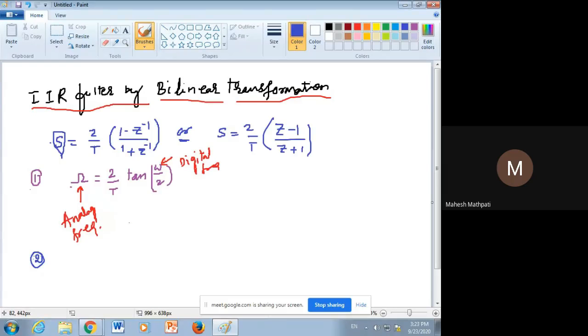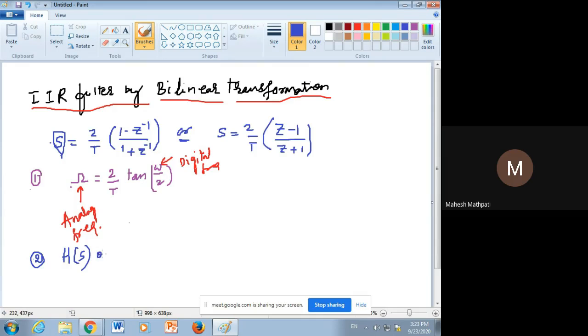Step 2, you just write, using the analog frequency, find H of s of the analog filter.